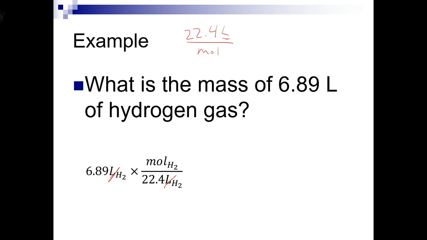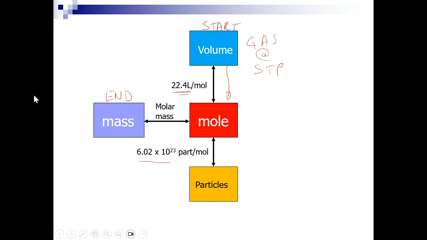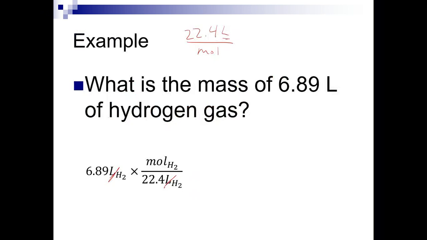And then I need to get the molar mass, because the next thing I need to go from moles over to mass, I now need my molar mass. So I go to my periodic table, and I see that hydrogen has a mass of 1.008 grams per mole.